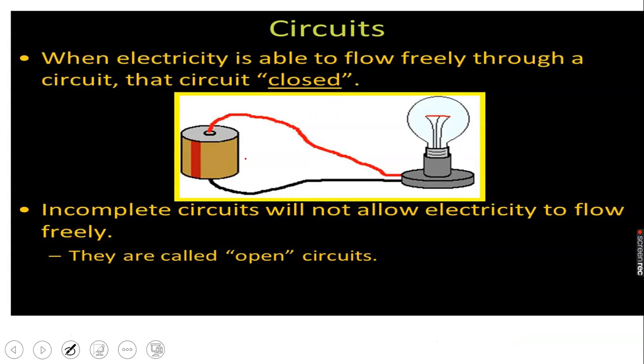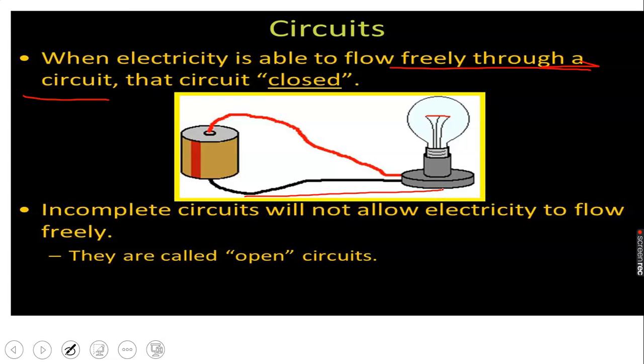Looking at this picture, it says when electricity is able to flow freely through a circuit, we say it is a closed circuit. When there's a free flow of electricity, you can see in the picture we have here.